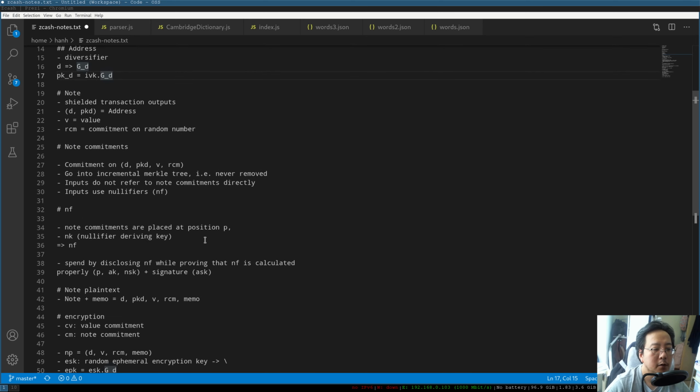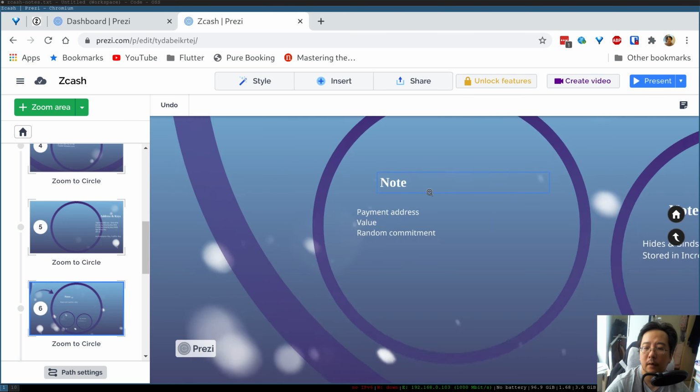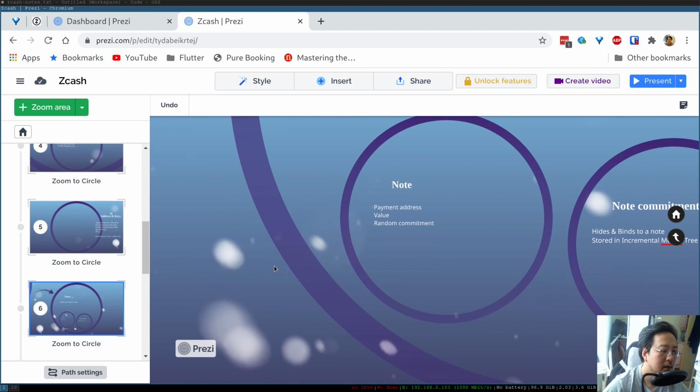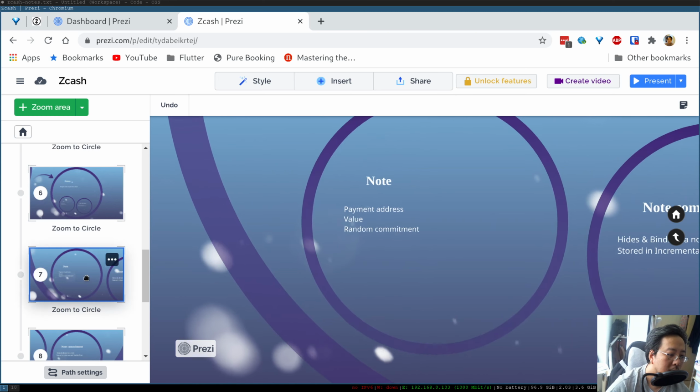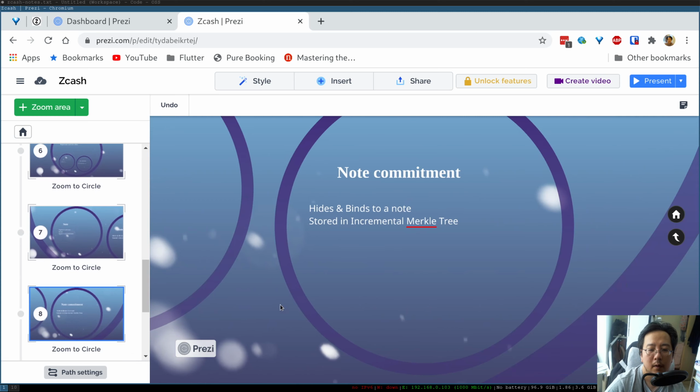Then when you want to create a nullifier, this is a process that you will go through for the nullifier. The nullifier is basically what you want to produce in order to show that you're talking about a note that already exists.